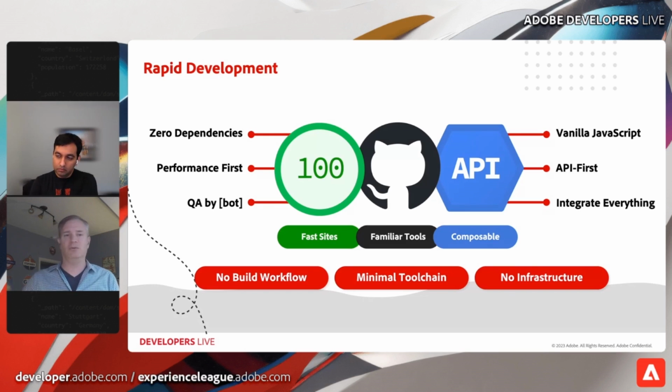We're using familiar tools, as Amal mentioned in his architecture slide, where you get Slack, the Office tools or SharePoint, Google, and so on. And it's API first. The big thing, as Cedric mentioned in his keynote, is we're using vanilla JavaScript. So no extra frameworks or libraries that need to be loaded, because we're taking advantage of some of these new web technologies, and we're able to basically integrate with everything.